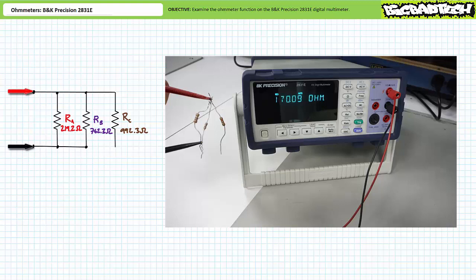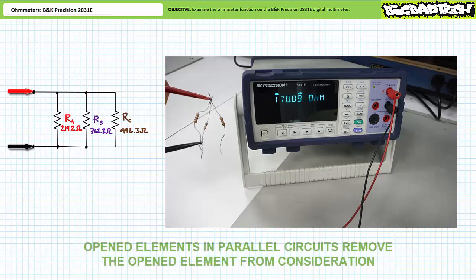The ohmmeter demonstrates that this parallel combination now presents a total resistance equivalent to only resistor A and B in parallel with one another. Again, it makes sense because resistor C really isn't in this parallel combination. In summary, an opened element in a parallel configuration removes only that opened element from consideration.